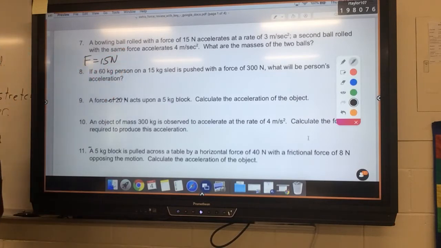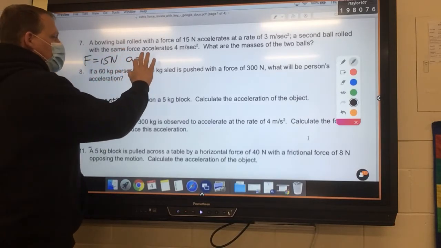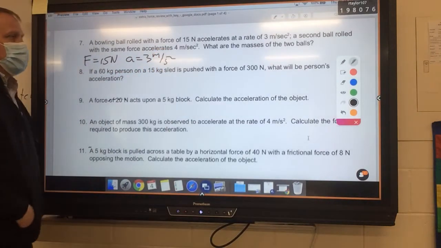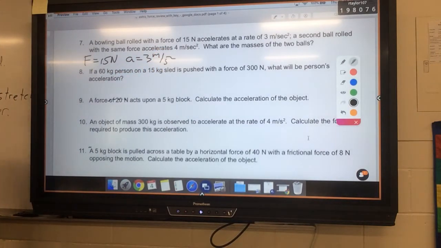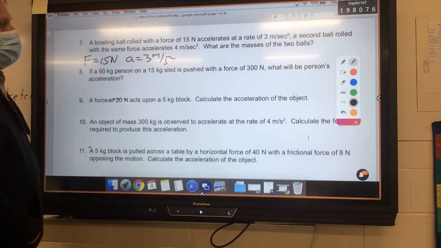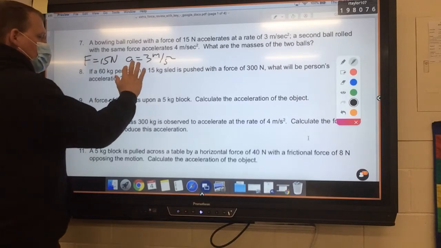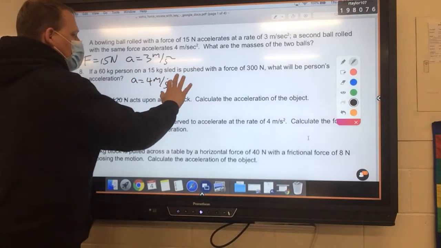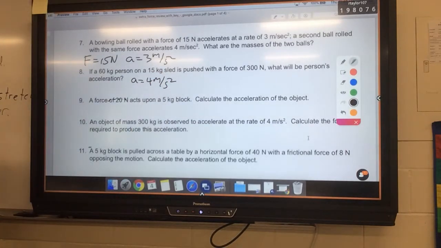And it accelerates at 3 meters per second squared. And a second ball is given the same force, but it goes at 4 meters per second squared. For each of these balls, I'm supposed to figure out what the mass is.